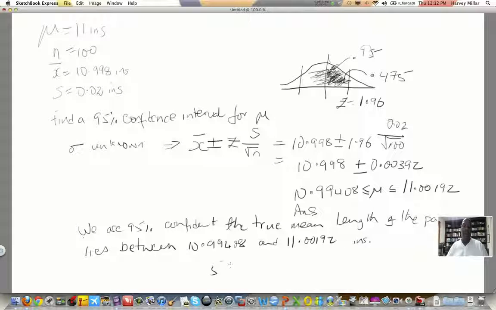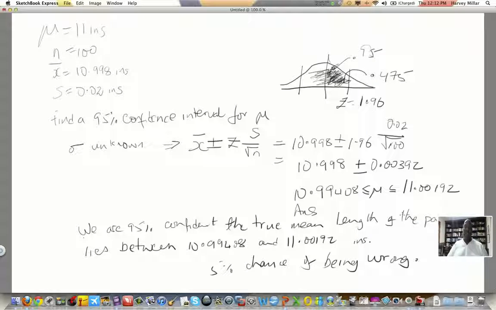We have a 5% chance of being wrong. That means that there's a 5% chance the interval does not contain the mean.